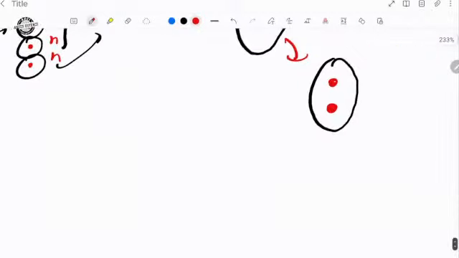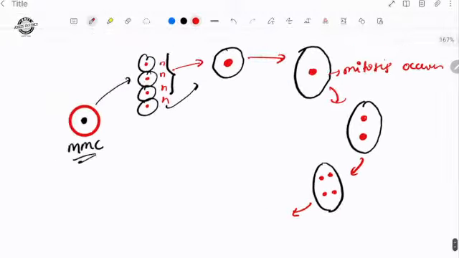After this, from 2, 4 nuclei are going to be formed. Again, in the next stage, what is going to happen?